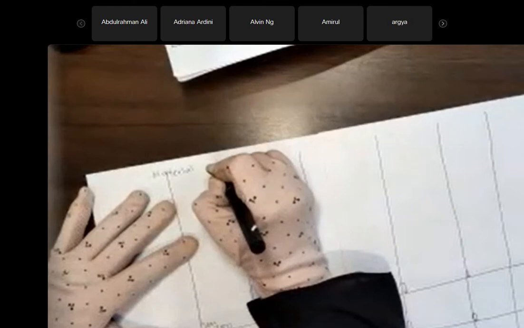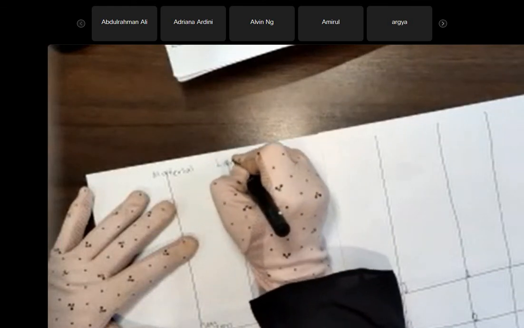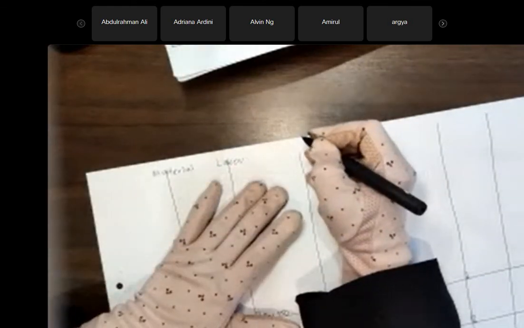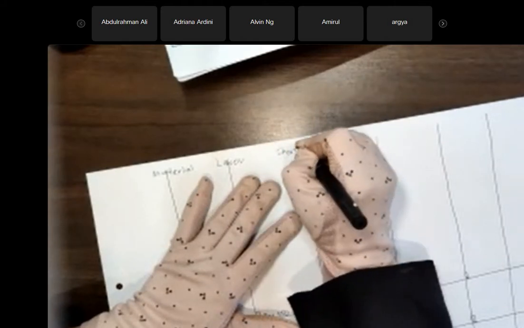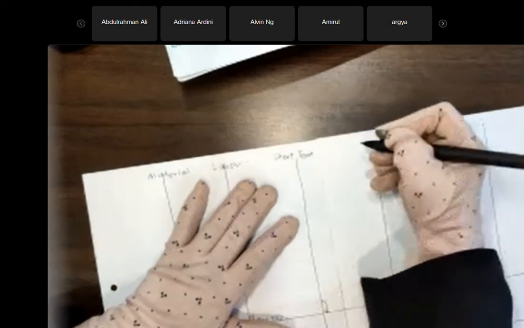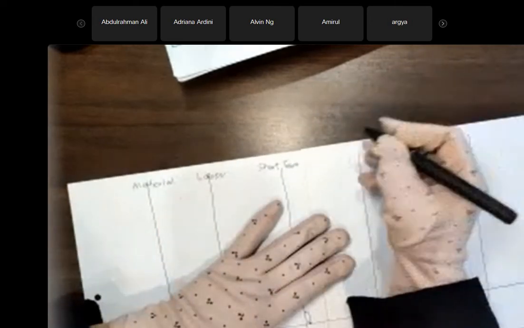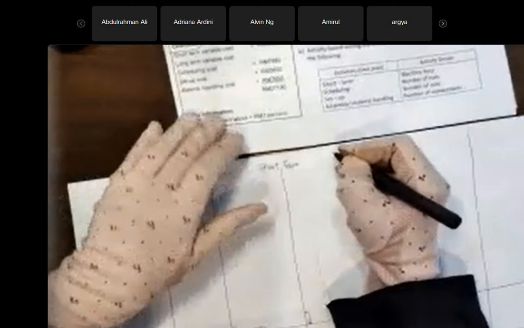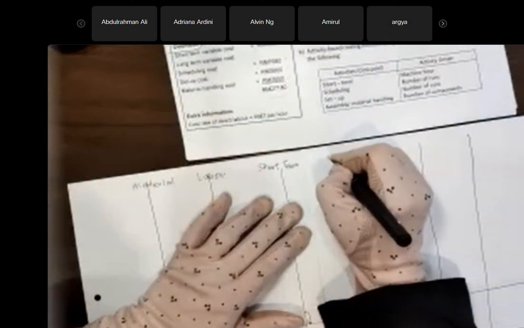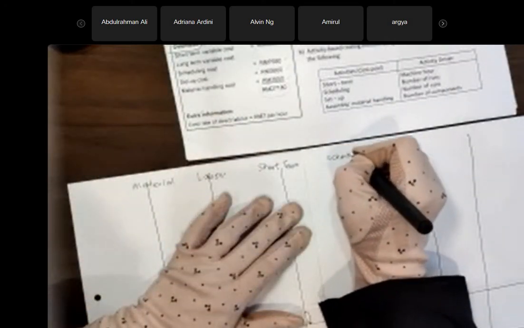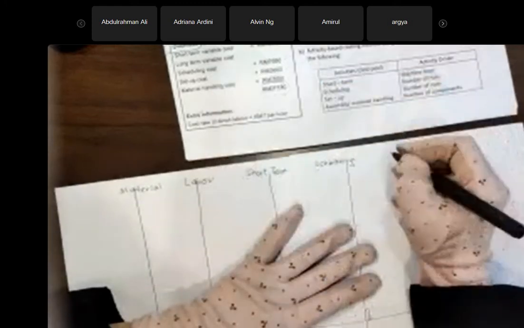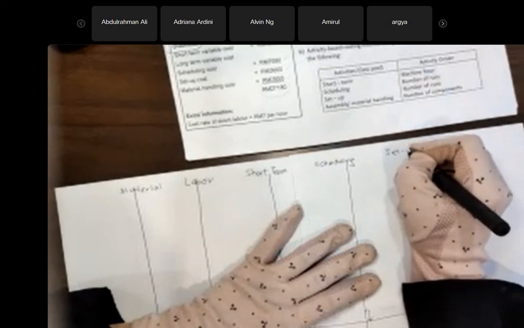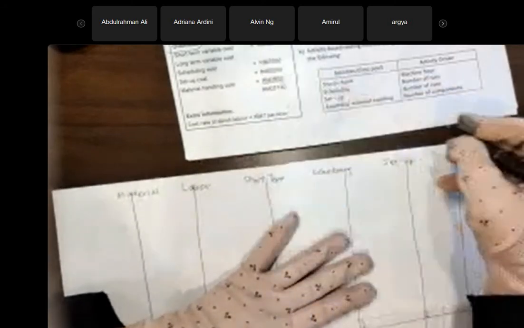Jadi label. Okay, we have 4 overhead, eh? Short term, scheduling, setup, stereo.